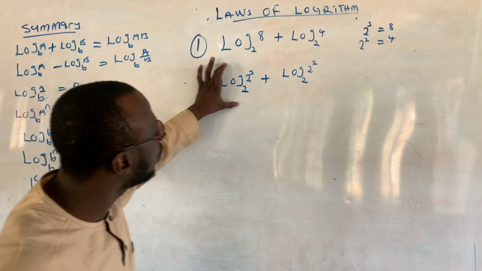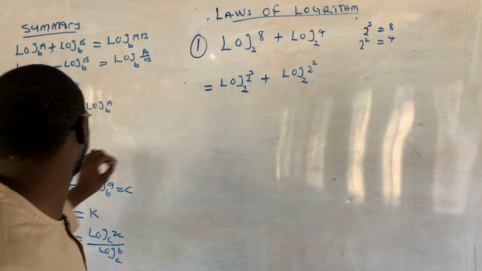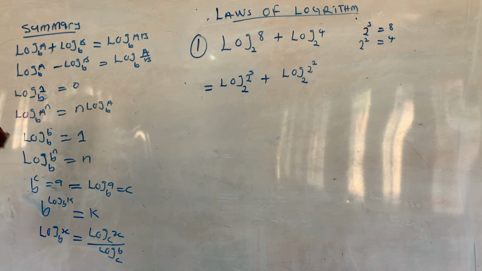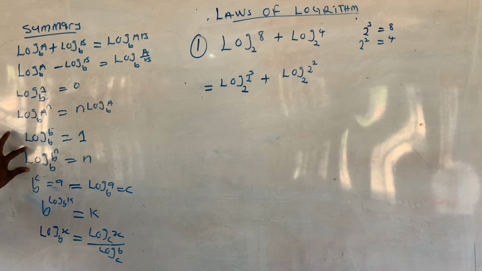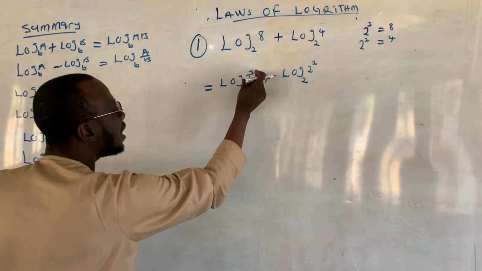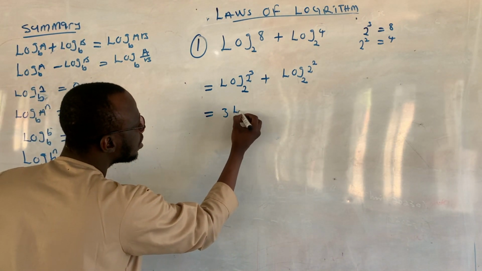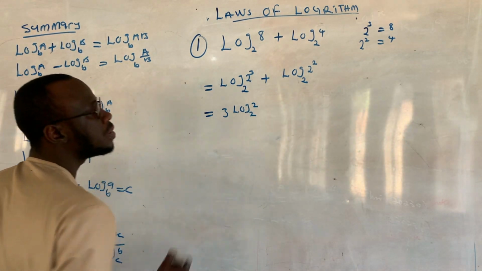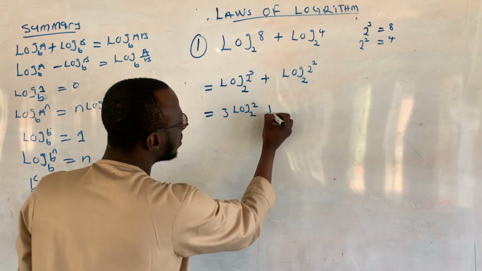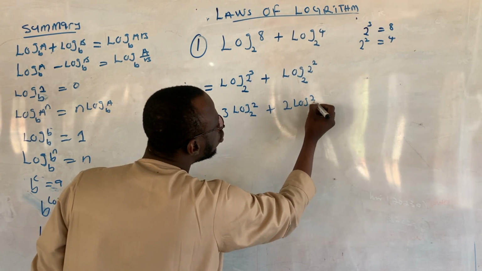So this follows which rule? Check our rules. This means that this 3 will come here, so we have 3 log 2 base 2 plus this 2 will come here, 2 log 2 base 2.